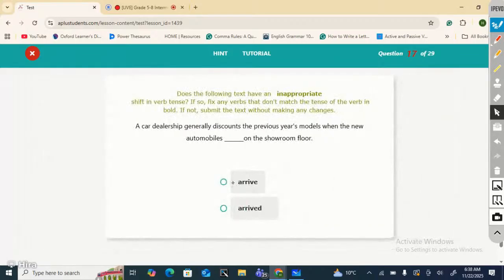A car dealership generally discounts the previous year's models when the new automobiles blank on the showroom floor.